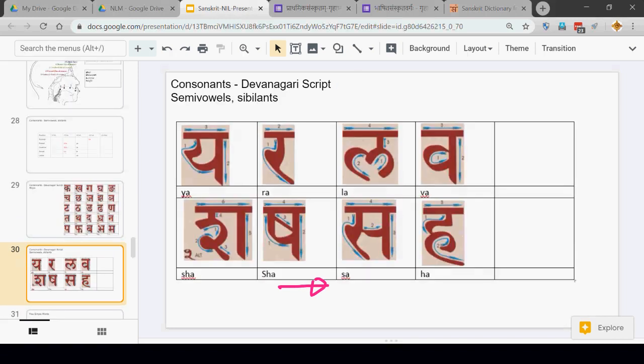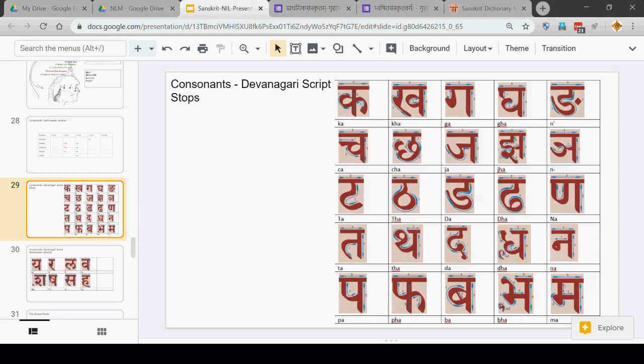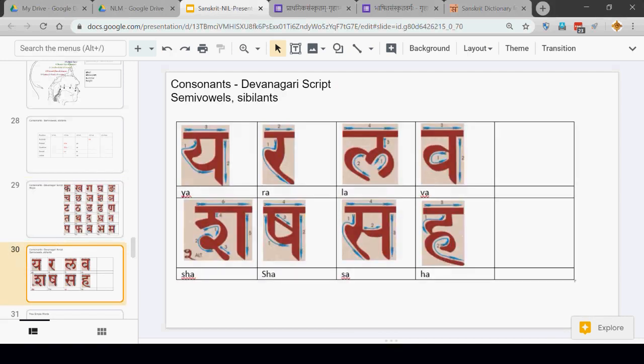So after that, we have the rest of the sounds, which do not fit into any of these lines because they have special characteristics: Ya, ra, la, va, sha, sha, sa, ha.